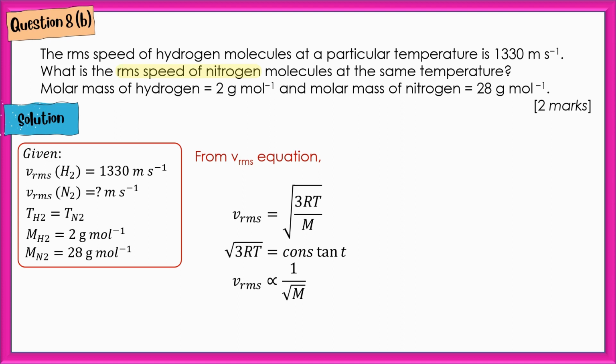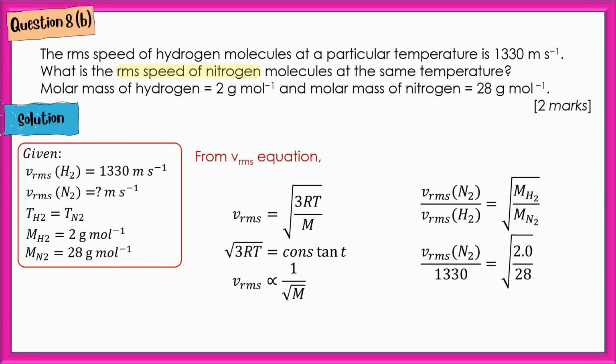From this relationship, we can do the calculation using the ratio, substituting the molar mass of hydrogen and the molar mass of nitrogen, times the Vrms for the hydrogen. Because of that, you will get the Vrms for nitrogen, which is equal to 355 meter per second.